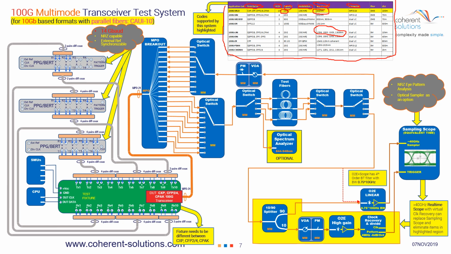In addition to the data rates and the formats and the optical connectors, there's also a variety of fiber. The two main ones are either multimode, indicated by OM3, or single mode, indicated by SM here. In the last column, there is a typical distance that these transceivers support for transmitting.